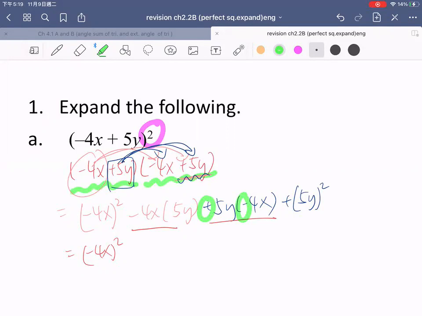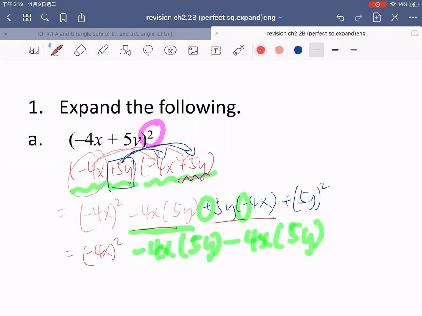So again, just copy this one. So minus 4x 5y, minus 4x 5y, okay, plus 5y bracket squared.